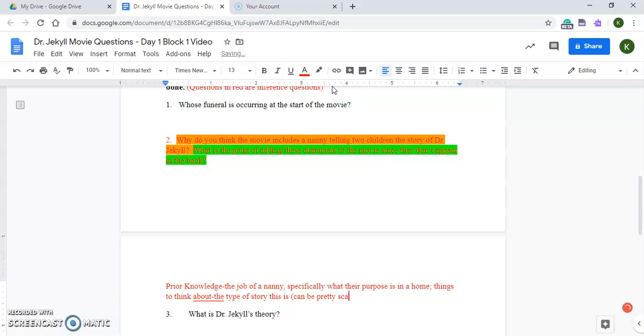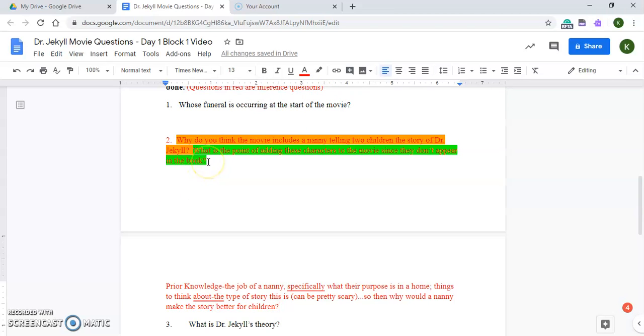If you think about a person who's going to change from one person to another, that can be pretty intimidating. So if I think about the type of story that this is and the fact that it can be pretty scary, then I have to think about, why would a nanny make it better? Make the story better for kids. Those are the types of things that I want to think about when I'm going to answer the first part of that question.